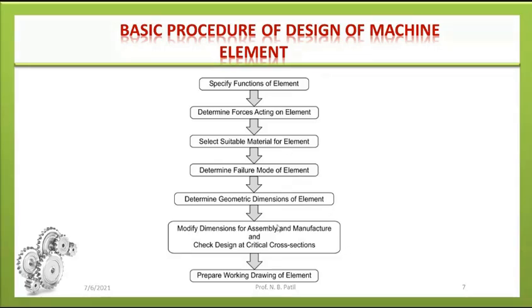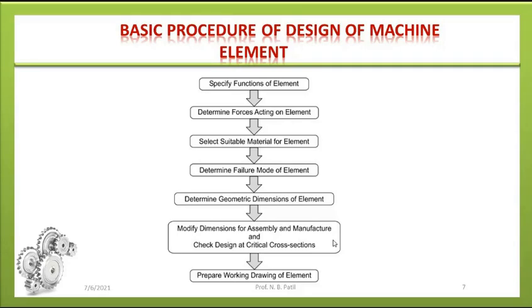Then modify the dimensions for assembly and manufacturing point of view, and once again check the design in critical cross section. Once you find out the dimension for a particular element, again you have to confirm whether an element with that dimension is possible to manufacture or not.